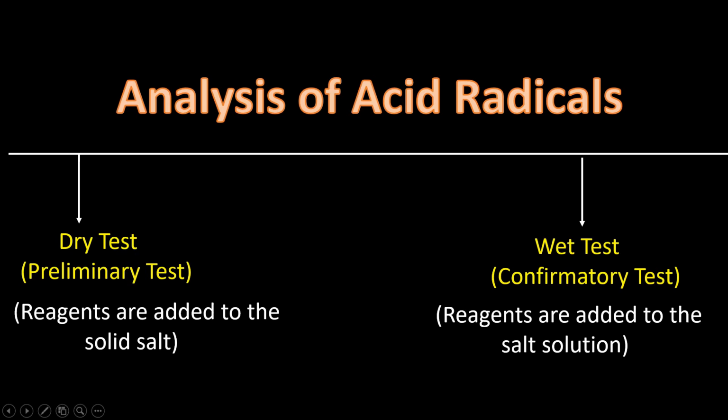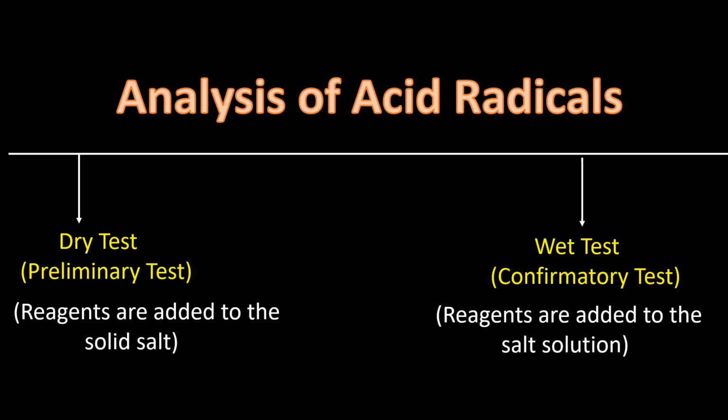Analysis of acid radicals. In this analysis, we divide into two parts. One is the dry test or preliminary test, where the reagents are added directly to the dry salt or salt mixture. And the wet tests are generally confirmatory tests.